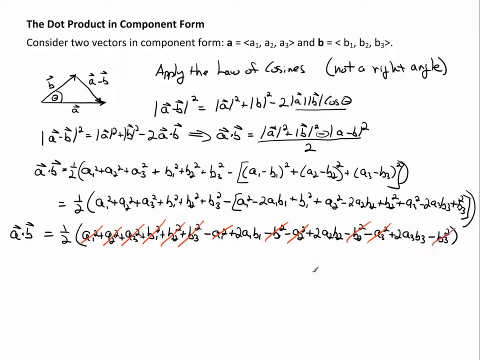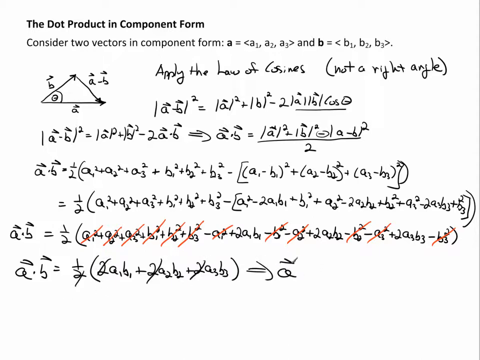It leaves the dot product, A dot B equals 1/2 times what's left: 2 times A1 B1 plus 2 times A2 B2 plus 2 times A3 B3. These 2's all cancel out. So the dot product A dot B in component form is equal to A1 B1 plus A2 B2 plus A3 B3.